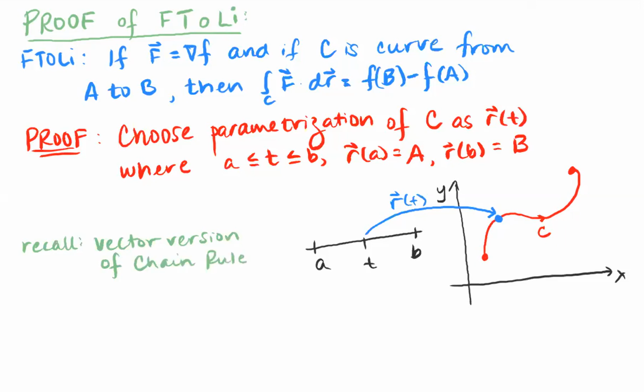That says that the derivative with respect to t of f of r of t equals the gradient of f of r of t dot r prime of t.